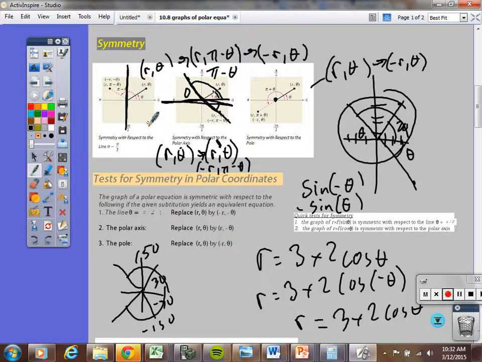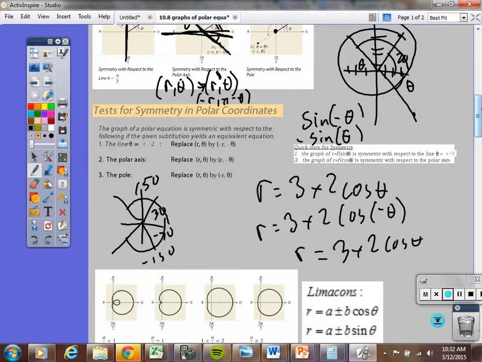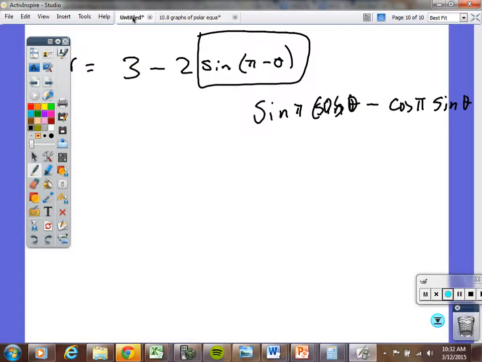Did I mess that up down here? It's the line of pi halves, yep. Sorry if I messed it up. It was r comma pi minus theta, which I'm doing right now. I could do negative r comma negative theta in just a second. So, anyway, what's the sine of pi? 0. 0 times that is 0, right? Is everybody with me on that? So this is just 0.